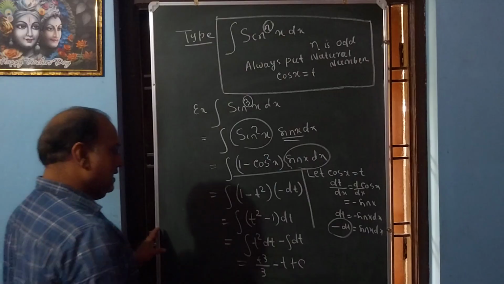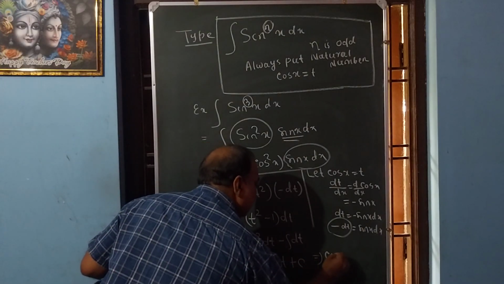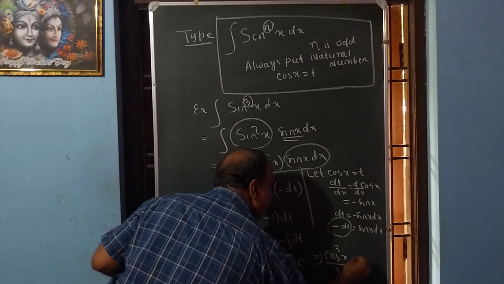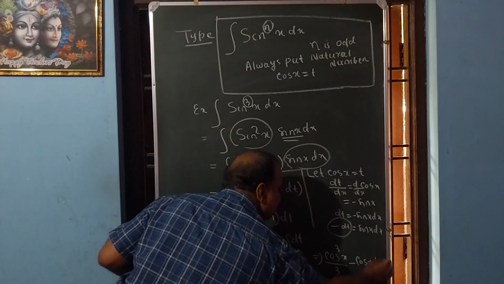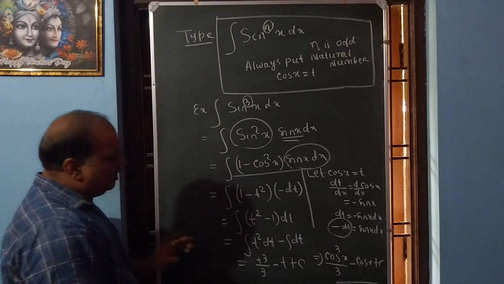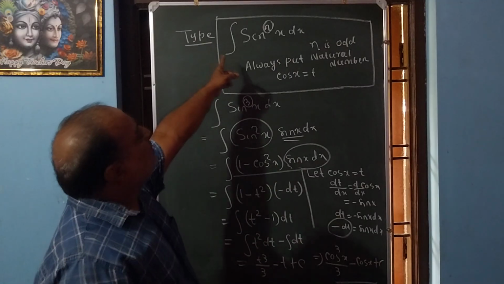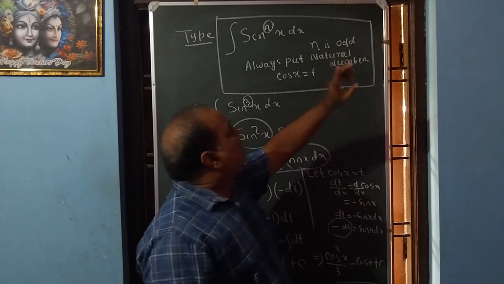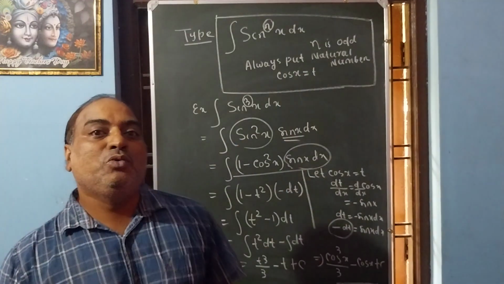So we get cos^3 x divided by 3 minus cos x plus c. This is the answer. Okay, so integration of sin^n x dx, where n is an odd natural number, then always put cos x is equal to t.